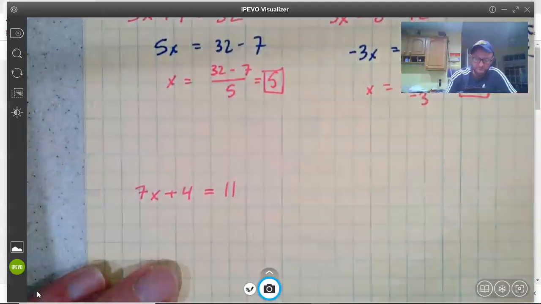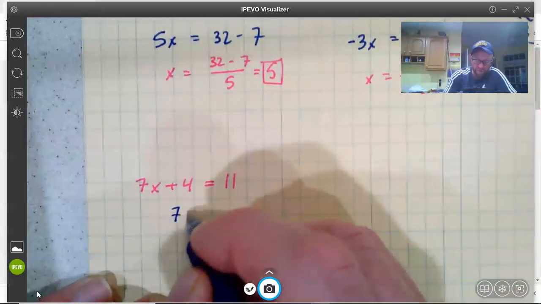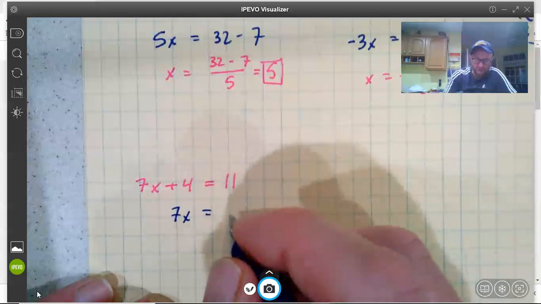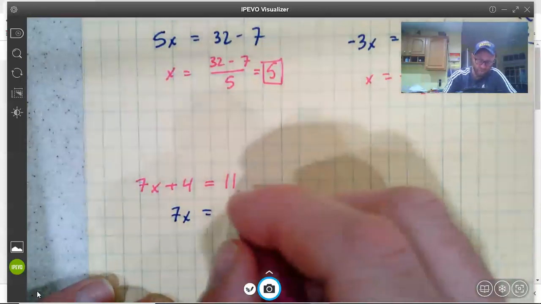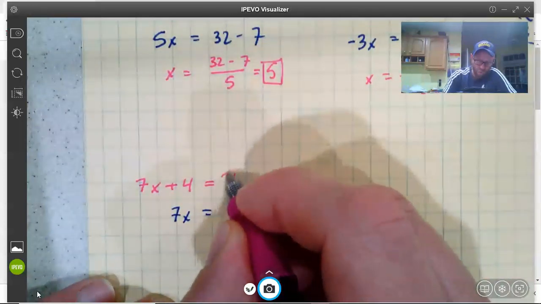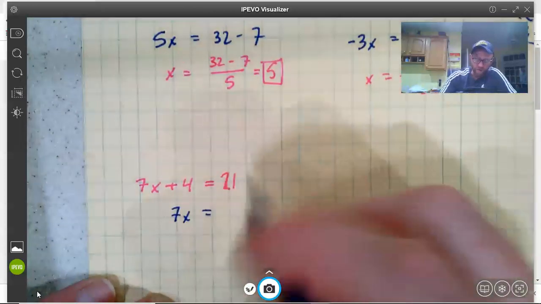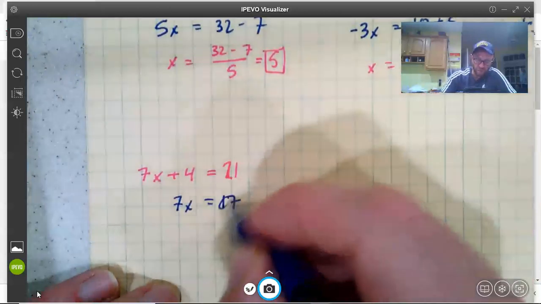On this one, let's see, I want to add or subtract 4 from each side. So 7x equals 11 minus, wait a minute. Let's make that 21 instead. So 21 minus 4 is 17. Oh, except I didn't want to write it that way.